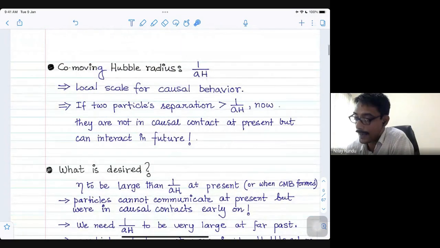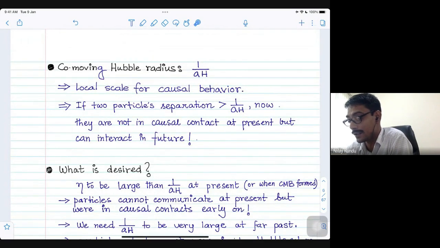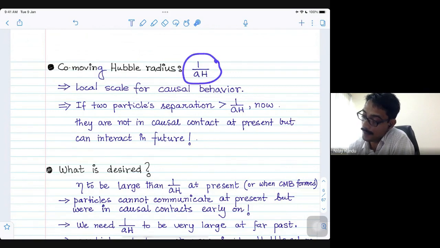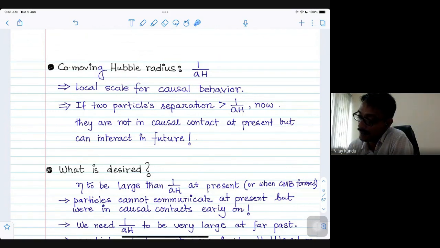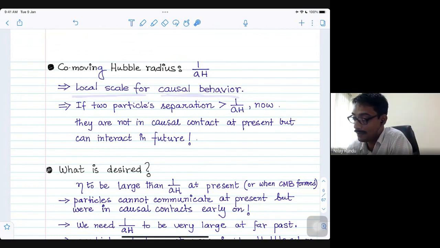There is another length scale which you can talk about, which is the co-moving Hubble radius, which is given by this factor. This determines a local scale for causal behavior. What do we mean by that?